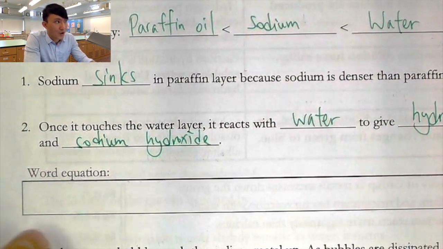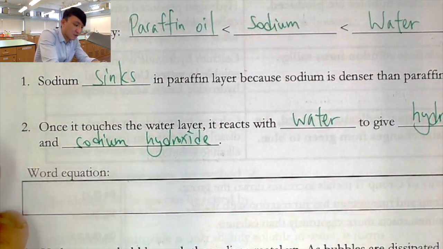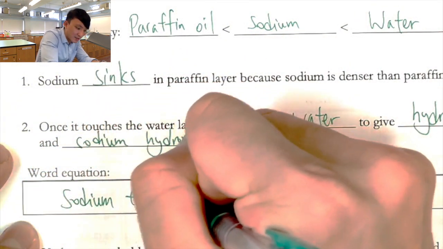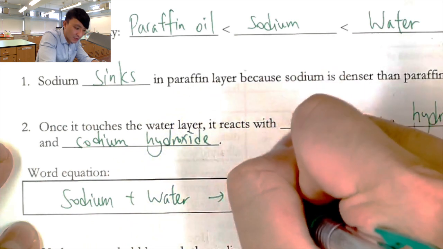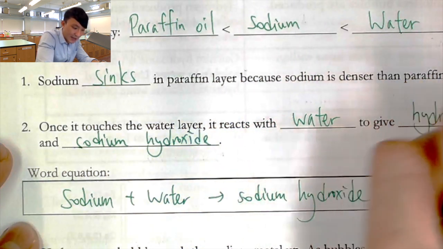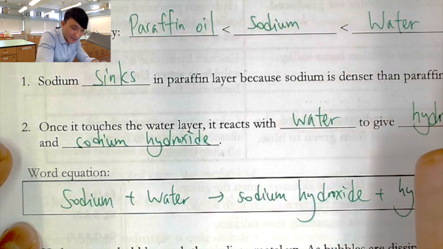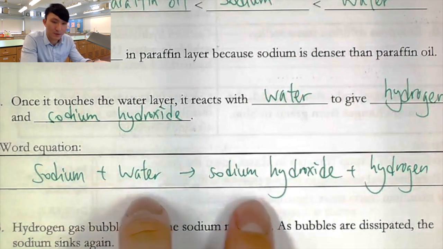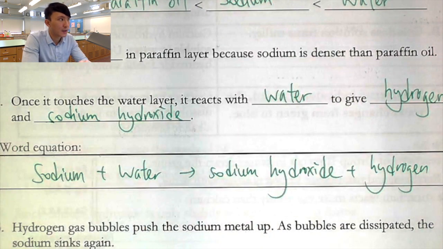All right, so the word equation, basically you put down sodium reacts with water to form sodium hydroxide and hydrogen gas. Okay? You can copy this one from the table on the left hand side.